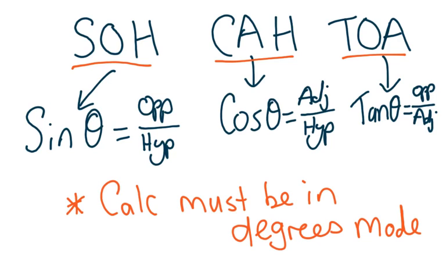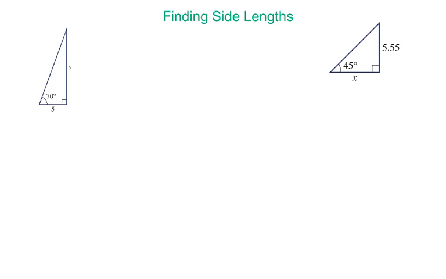So let's actually apply some of these rules to some questions. Here we have two triangles. We've been asked to find the side lengths of these triangles. Typically we ask you to go to 2 decimal places. So just be mindful of what the question might be asking you to do and how many decimal places you need to go.